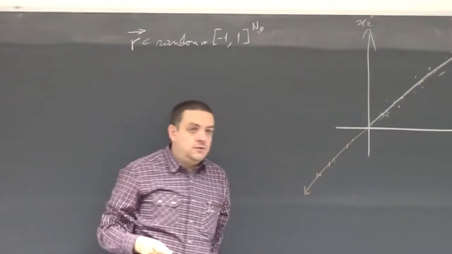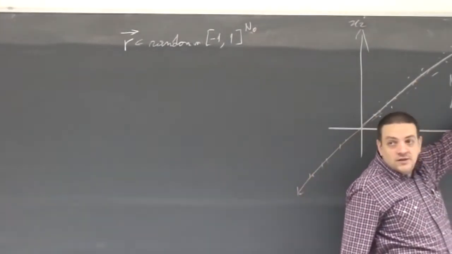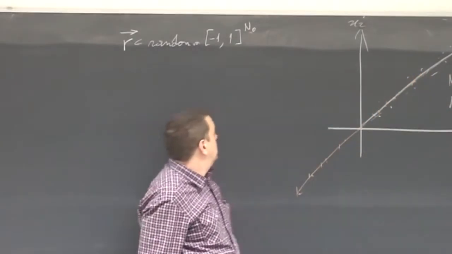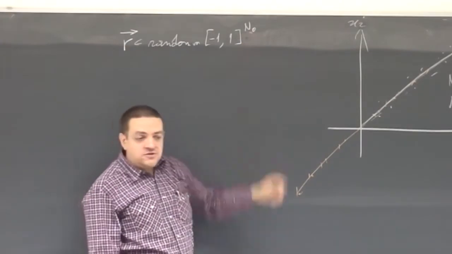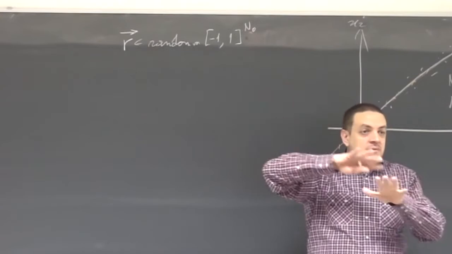This will be the parameters. In this case, we only had one parameter r because all points had to be in a line. Here we need to have n0 parameters because we want our point to be on an n0 dimensional plane.